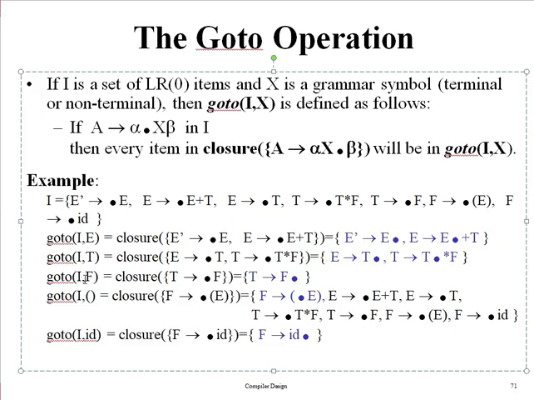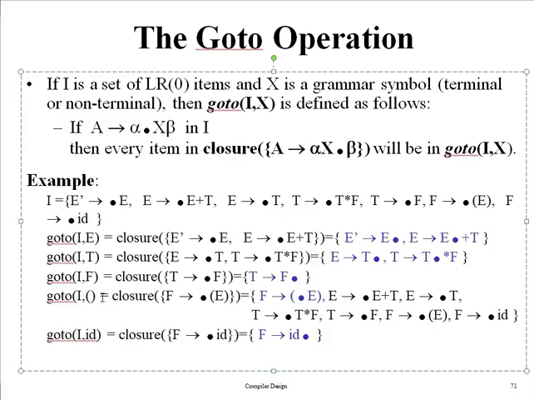For goto of I comma F, we have only one item that contains F after the dot, so we apply the closure operation on only this item, giving a production rule with the dot at the end.